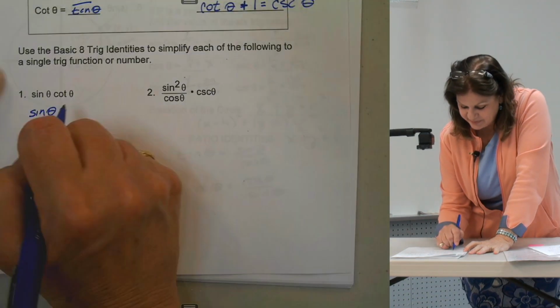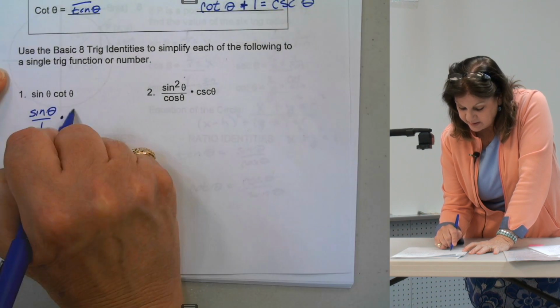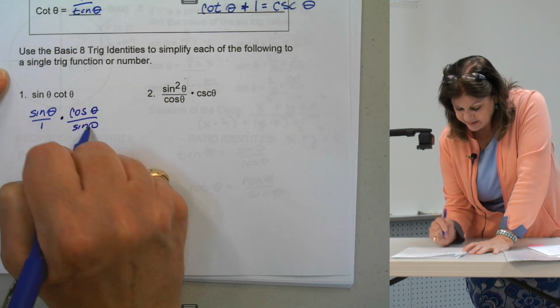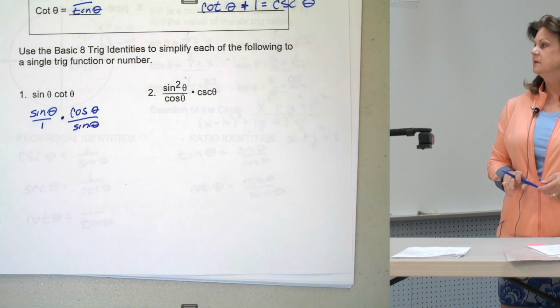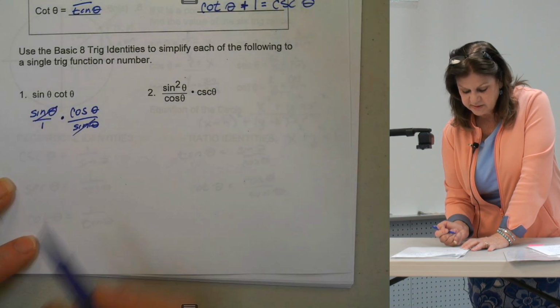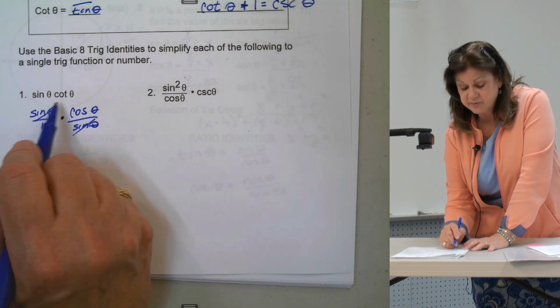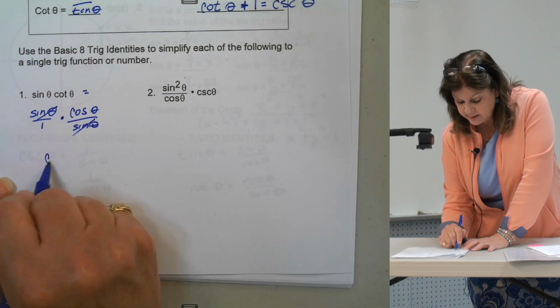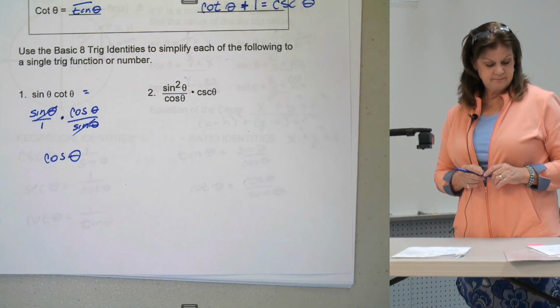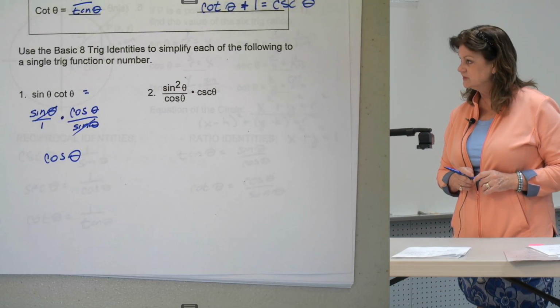So I'm going to turn them both into fractions. So I have cosine theta over sine theta. So that's what I've been presented. Well, if I'm multiplying fractions, right? Isn't that just going to cross out? So sine theta cotangent theta can be written as cosine theta.